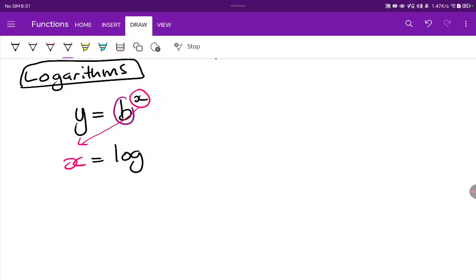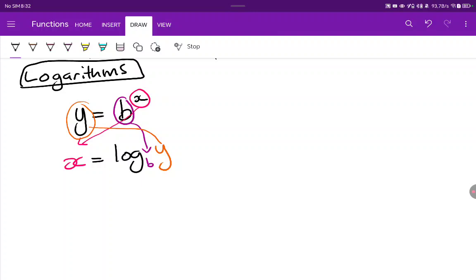This b, the big B, becomes a little b, and this y is going to go to the other side. So these two are inverses. Just like plus and minus are inverses, or times and divide are inverses, or 2 and 1 over 2 are inverses of each other, we are now going to say that y equals b to the x is the inverse of x equals log base b of y.